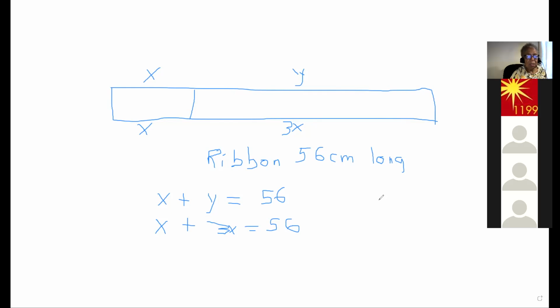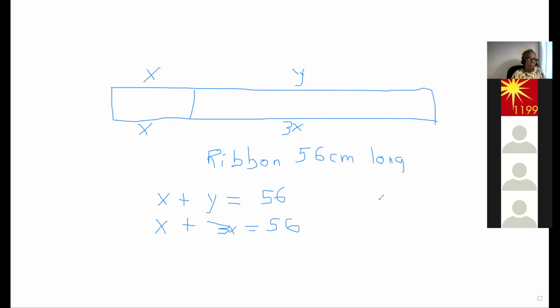Good question. If you can do a picture of it, it makes it clearer. If you draw a picture of the ribbon, divide it into two pieces. Let one piece be X, the shorter piece. The longer piece is 3 times longer than the shorter piece.